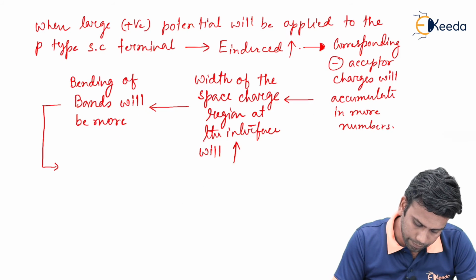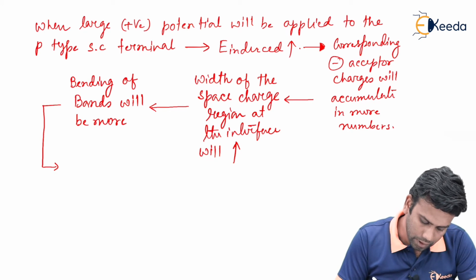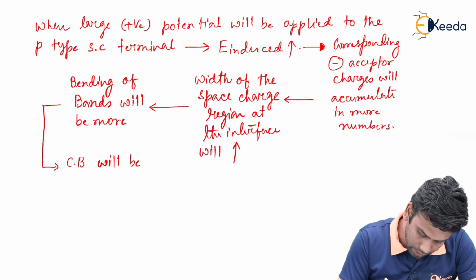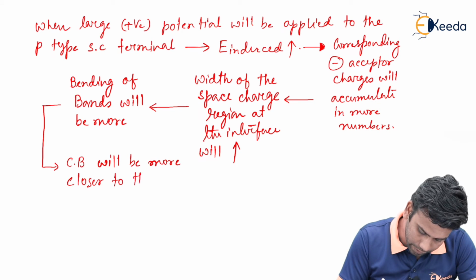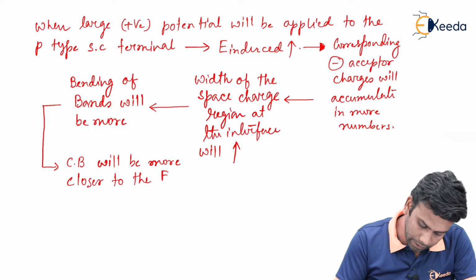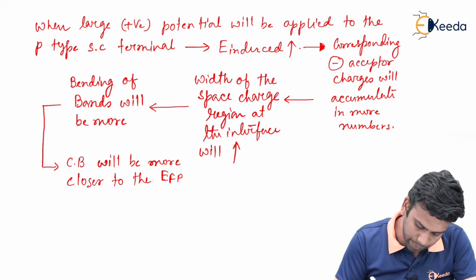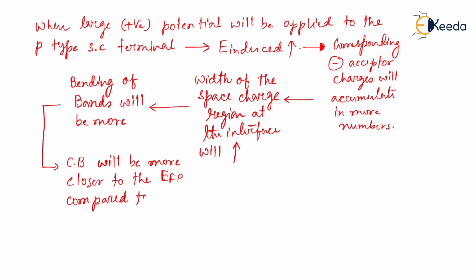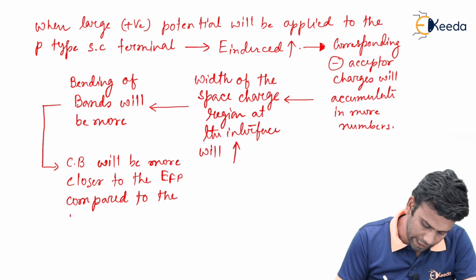You can look, the conduction band, that is CB, will be more closer to the Fermi level of the p type, that is EFP, compared to the valence band.